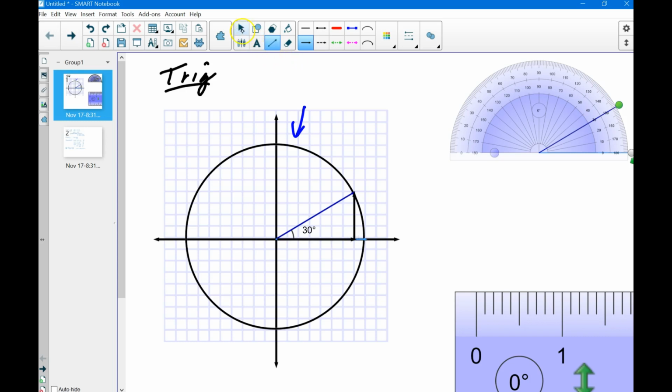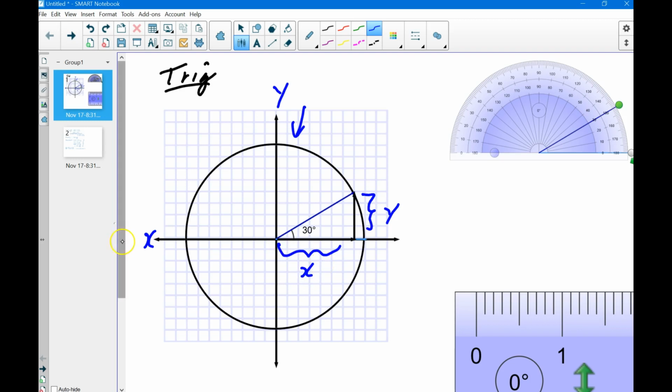Now, if we look closely at those, we know very easily that this being our y-axis and this being our x-axis, this piece right here will be our y, and this piece down here is going to be the x. So when we look at sine and cosine, for example, what does that actually mean?